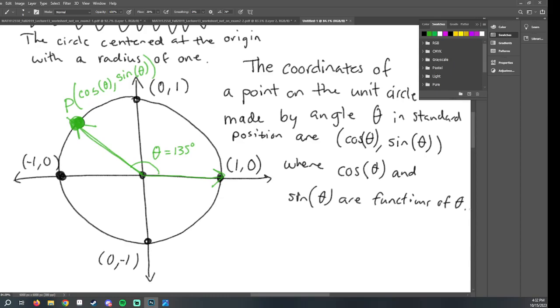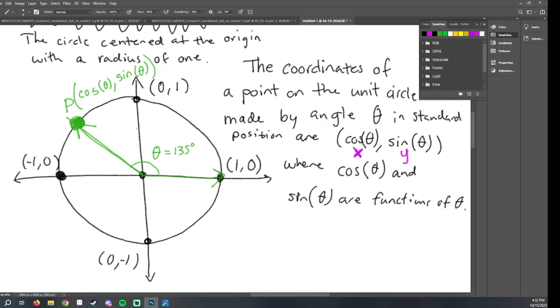So this is all very nice that we just gave names to these new functions, and we just told you their definition. Keep in mind, the cosine is representing here the x value of the point P, and the sine is representing the y value of the point P. So you could just as easily make their definitions if the point is called xy.